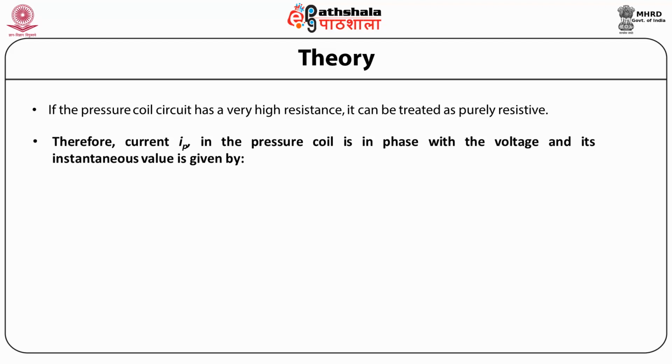Therefore, current ip in the pressure coil is in phase with the voltage, and its instantaneous value is given by ip = v/Rp, which can be written as √2 V sin ωt divided by Rp.